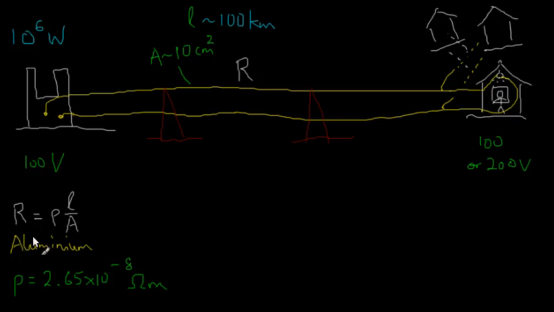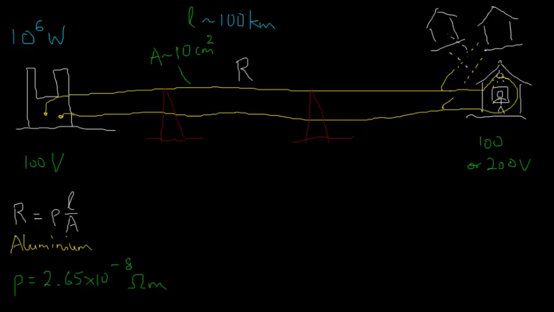Now it is convenient to first estimate the resistance for 1 kilometer. There is actually a typical value that is useful. So that's what I'm going to do first. I'm first going to estimate the resistance for 1 kilometer, and I'm going to multiply it by 100.